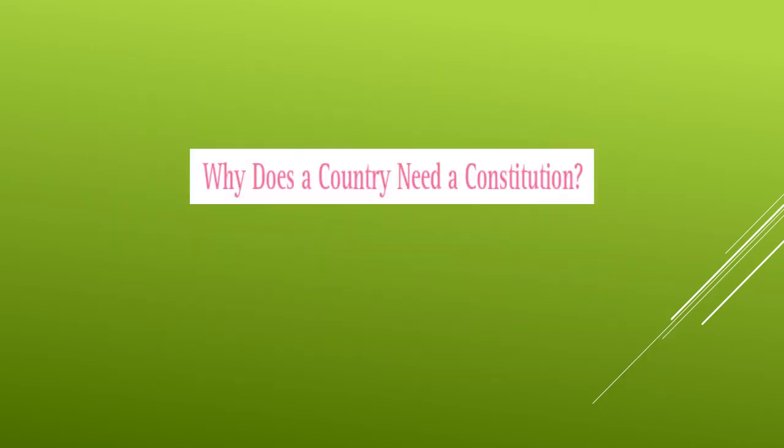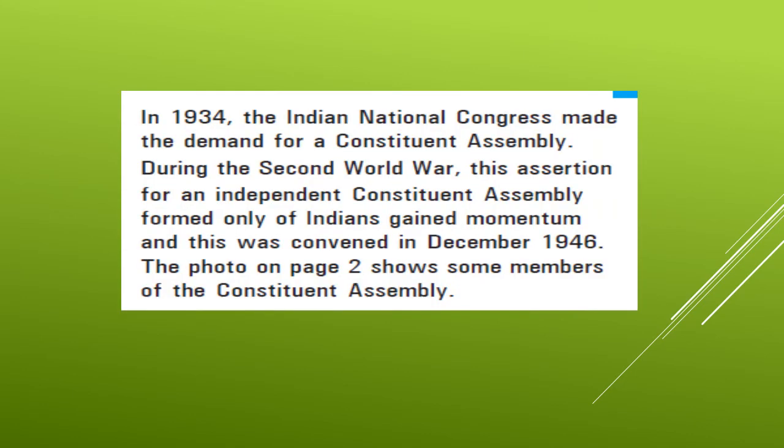Why does a country need a constitution? Let's go and check the answer. The Indian National Congress was an association constituted on 25th December 1885. After that, it had its annual session every December.